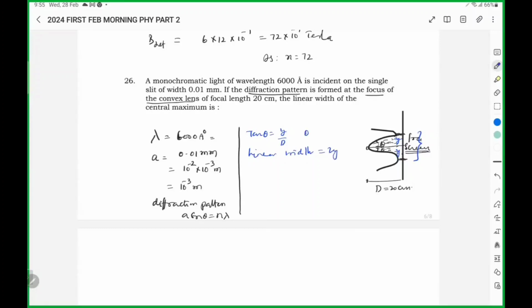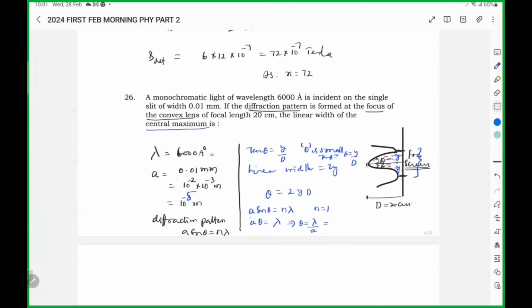If theta is small, tan theta is theta, and theta is y by D, also equal to lambda by a. Y will be lambda D by a, but linear width is 2y, that is 2 lambda D by a.